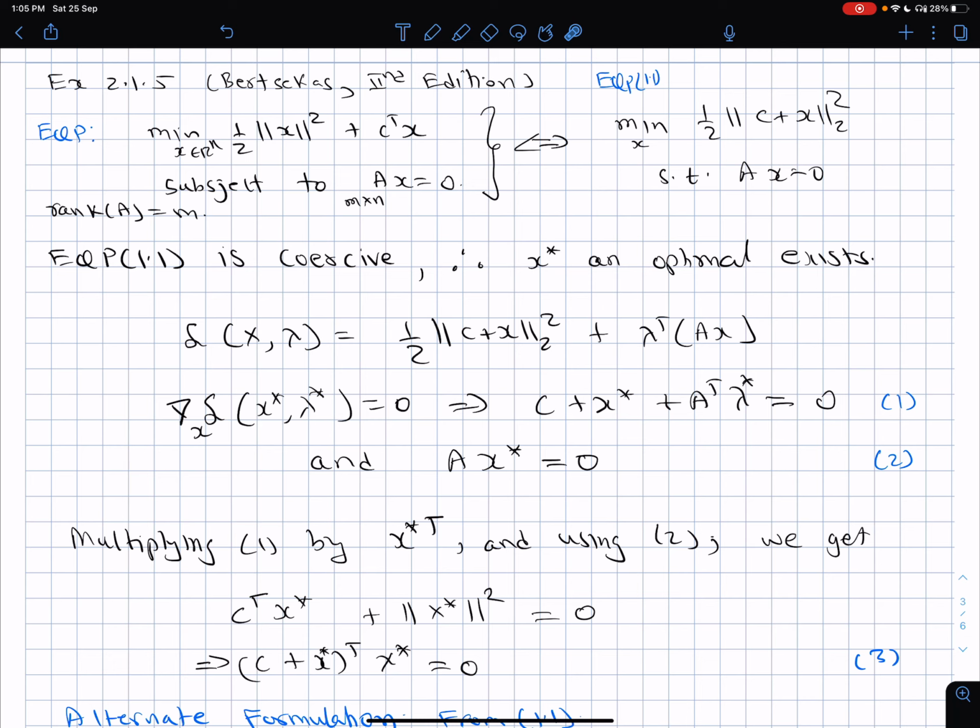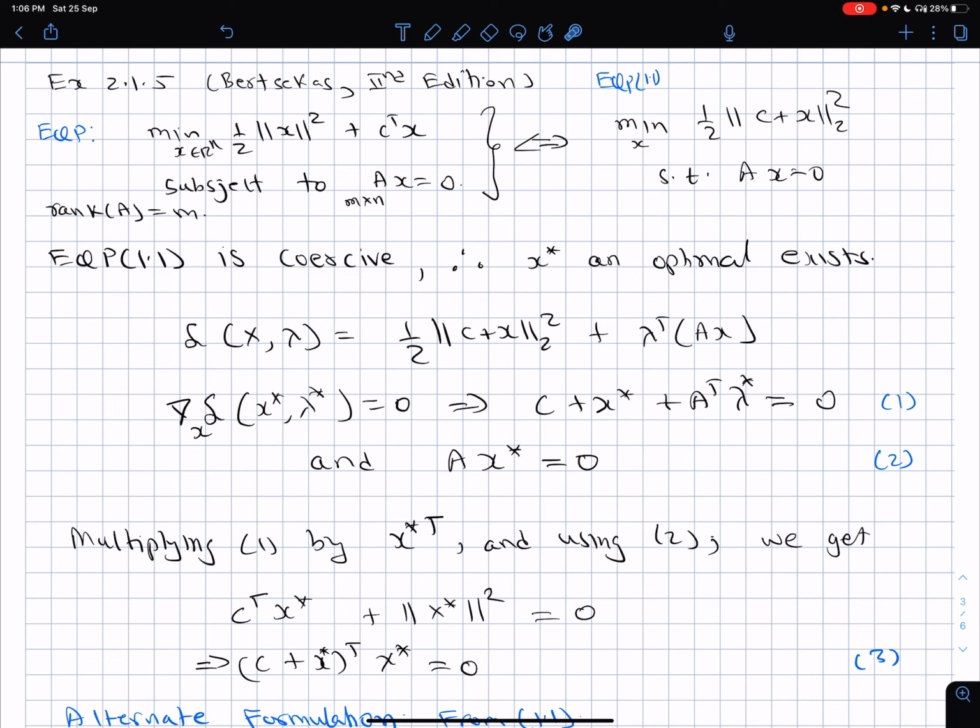Alright. Now, I can equivalently write this problem as minimize half of the square of the length of the vector c plus x, subject to the requirement Ax is equal to 0. How?